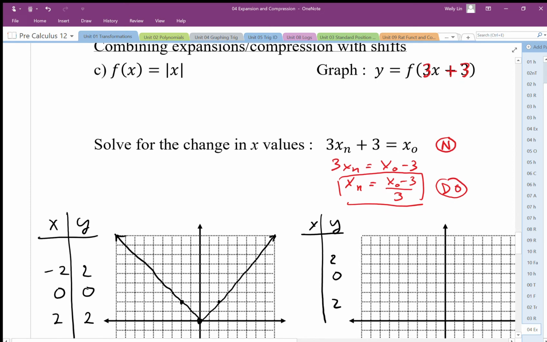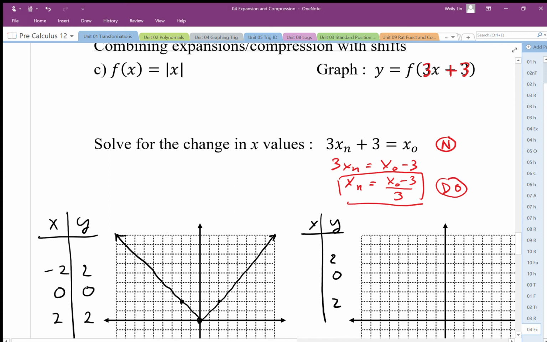I take these coordinates, take away 3, so I get -5 divided by 3. That coordinate becomes -5 over 3. This coordinate I take away 3 and divide by 3, and I get -1. Take away 3, divide by 3, I get -1 over 3.